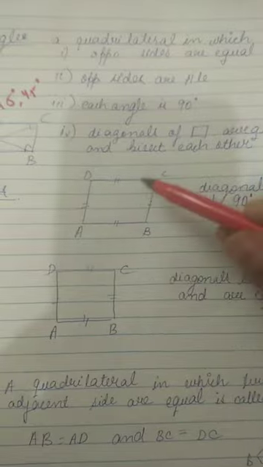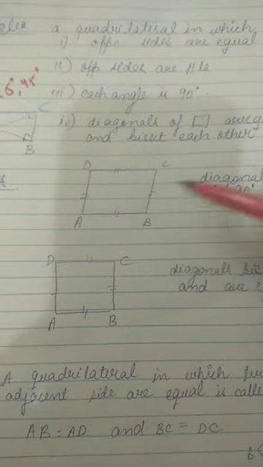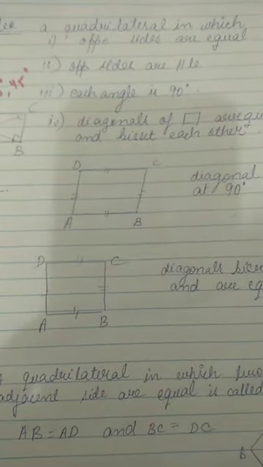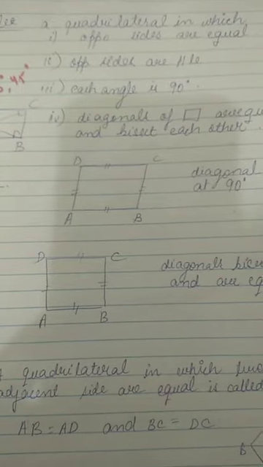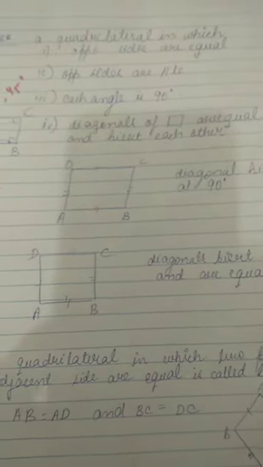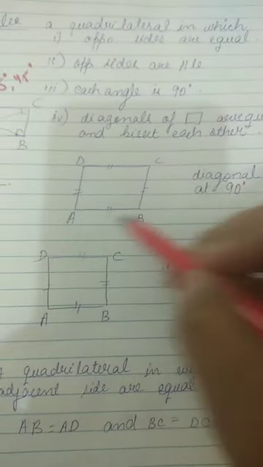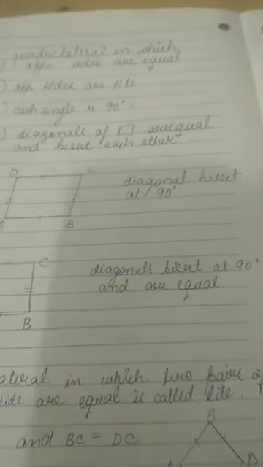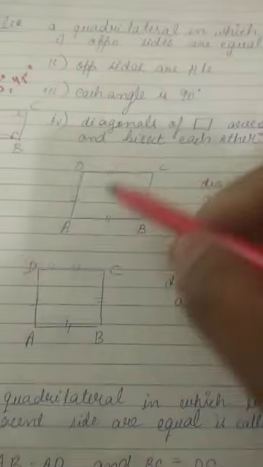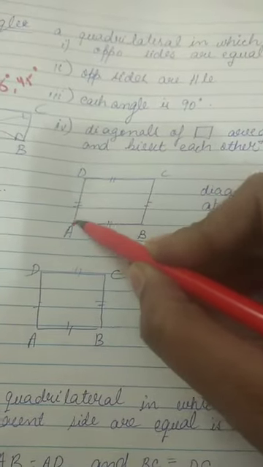And opposite sides are parallel to each other, and the angles made in this ABCD are not necessarily 90 degrees.